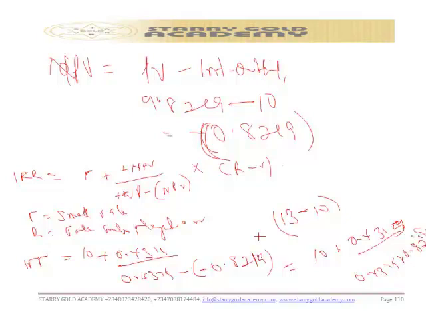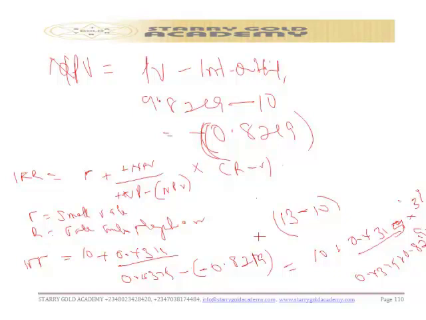That's what we had together, multiplied by big R minus small r, which is 3. So that is how we approach this question to find our internal rate of return.